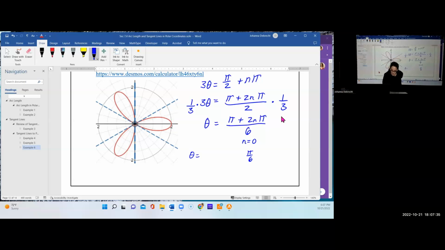Yes, I'm looking for something that goes between 0 and pi. All right, that was the interval I was told. It graphs itself one time. All right, let's try n equal 1. I'm going to keep going until I get outside of the interval 0 to pi. So I'm going to go this way. So n equal 1, then I would get 2 pi up here plus pi, and that would give me 3 pi over 6.